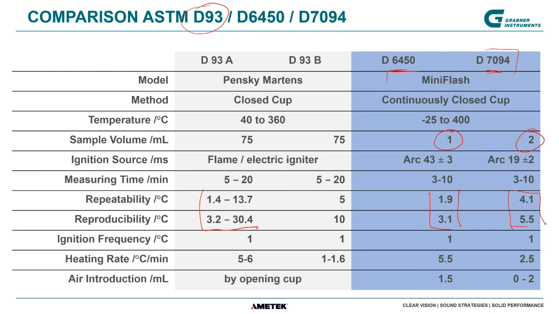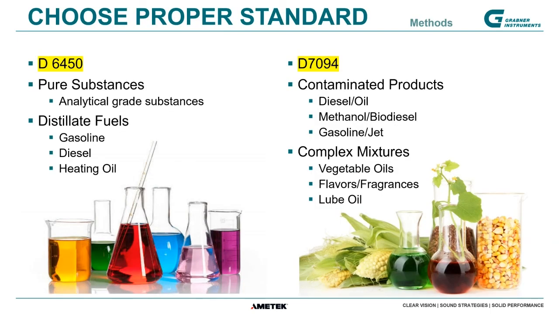For 7094, the reproducibility was tested really with contaminated samples, spiked samples, and specially designed contaminations, because this was the reason why this modified continuously closed cup method was developed, to really get very close to the results of the D93, the Pensky-Martens, also with contaminated samples.